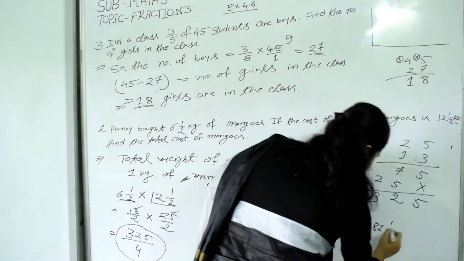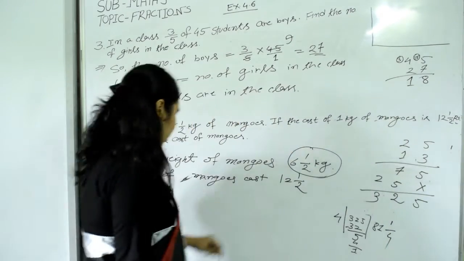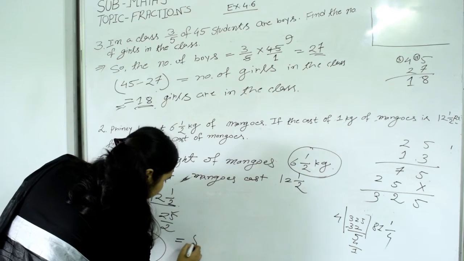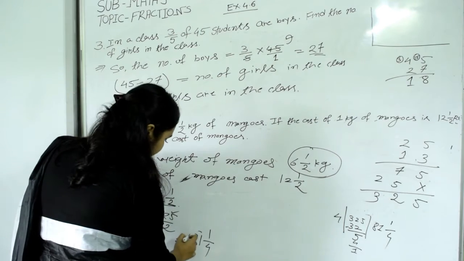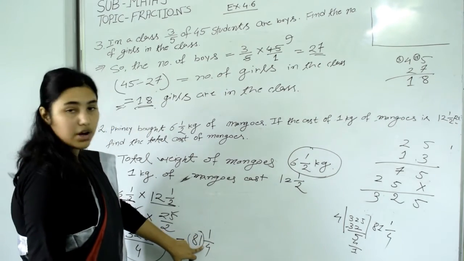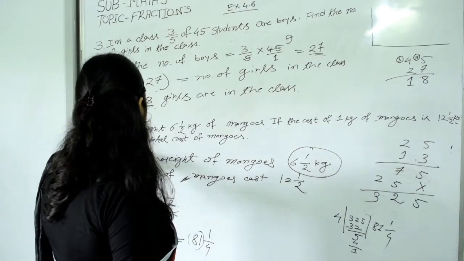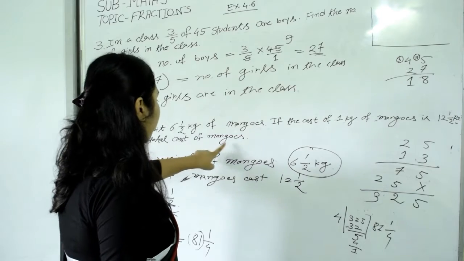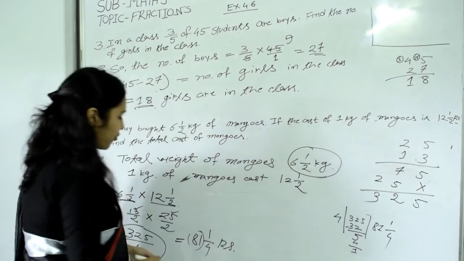So take this 1 as the numerator and 4 as the denominator. So our answer is 81 and 1 by 4, where 81 is a whole number and 1 by 4 is our proper fraction. So the total cost of mangoes is 81 and 1 by 4 rupees.